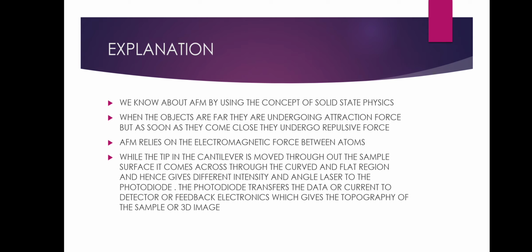AFM relies on this electromagnetic force, and due to this AFM also got its name. While the tip in the cantilever is moved through the sample, it comes across the curved and flat region, hence gives different intensity and angle laser to the photodiode. The photodiode transfers the data to the detector or feedback electronics, which gives the topography or 3D image of the sample. So this is the working of an AFM.